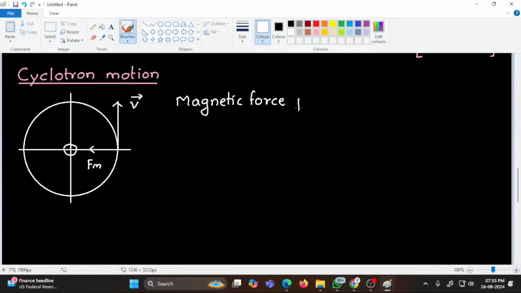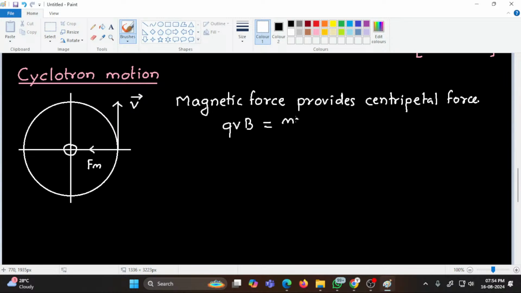Magnetic force provides centripetal force. So we have qvB equal to mv square upon r, where r is the radius of circular path.